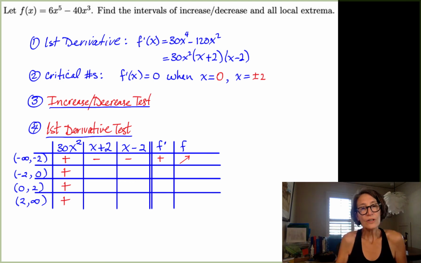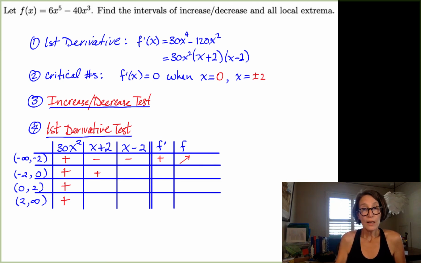All right, so let's look at the interval from negative 2 to 0. Pick a number in that interval. I'm going to pick negative 1. If I plug it into x plus 2, I get a positive number. So I'll put a plus there because x plus 2 is going to be positive on the entire interval.